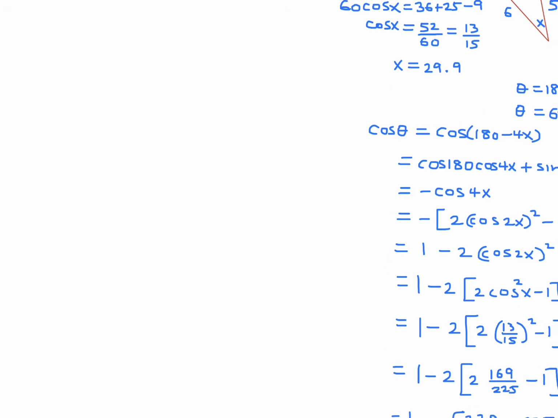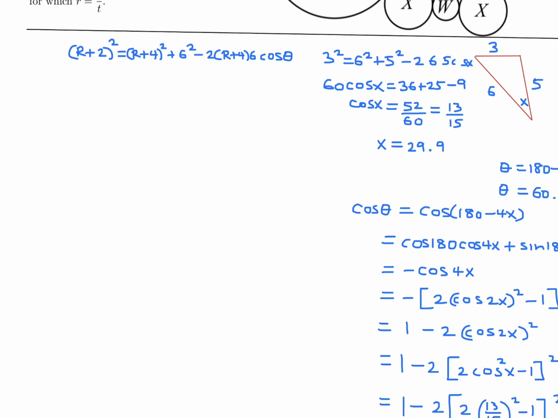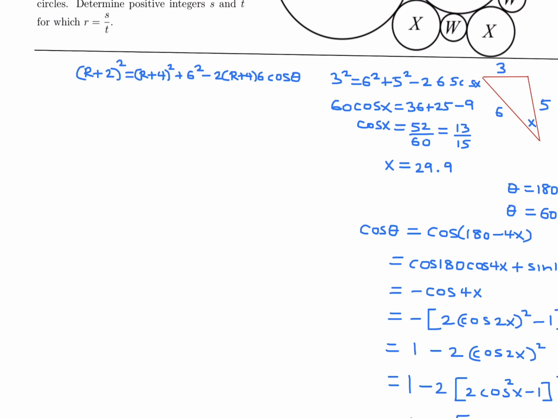Okay, so now finally they made it challenging for us. Now we can go back and use this formula. Let me first do all the expansion stuff. That's r squared plus 4r plus 4, and this is r squared plus 8r plus 16, that's 36, and this is going to be minus 12(r + 4) cos theta.